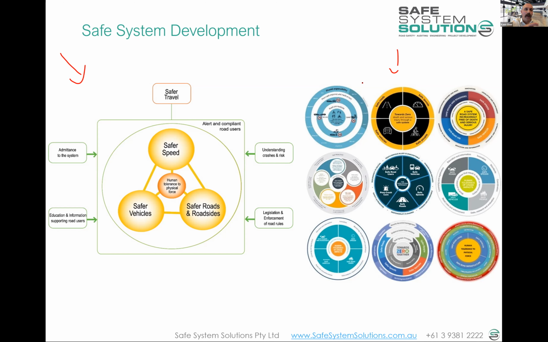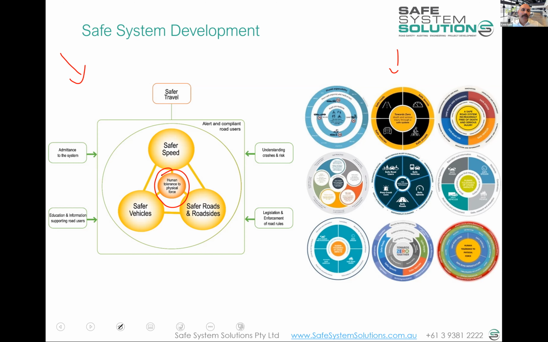At the middle of this diagram, now don't worry too much if you can't read it in detail, we see human tolerance to physical force. What an interesting thing to put there, right in the middle of your diagram when you're talking about the transport network, human tolerance to physical force.